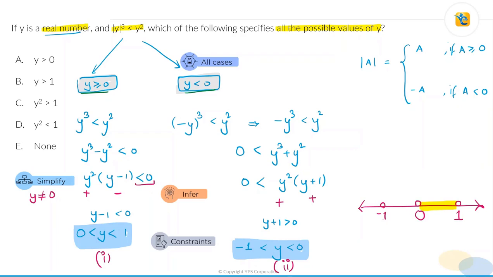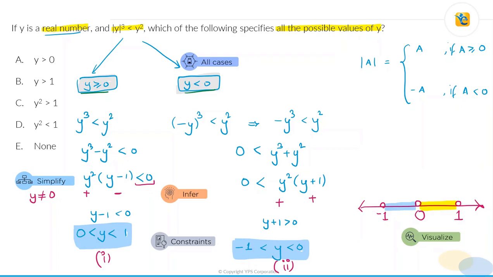So yet again, here is an open ball at negative 1, and you take everything in between. Now understand the solution here. It doesn't include minus 1, doesn't include 0, and doesn't include 1. So here we're visualizing the solution. This is all the possible values of y. This is precisely what we're looking for. Now we just have to see which choice gives us that.